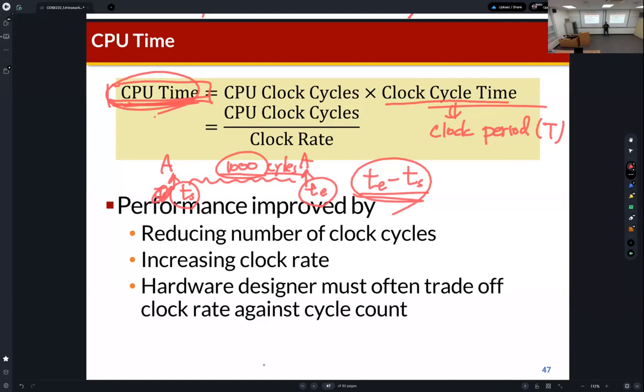The clock count is multiplied by the clock cycle time, the clock period, and we can calculate the CPU time. So it is clock count multiplied by clock period.